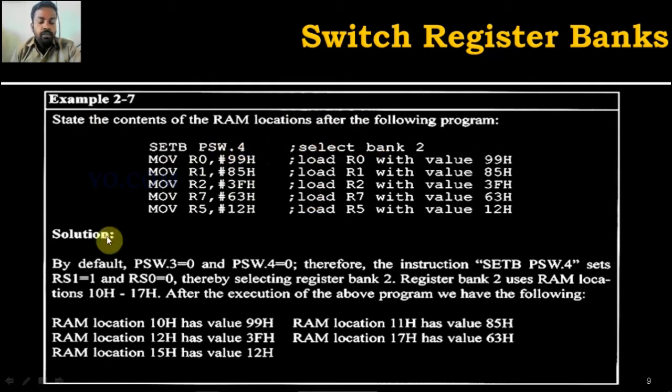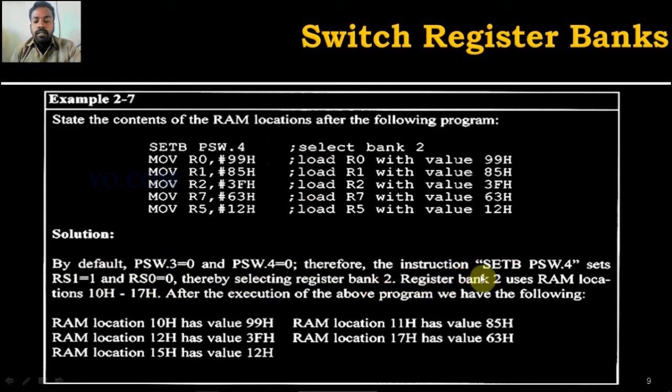Here the solution: by default PSW 3 equals 0 and PSW 0.4 equals 0. Therefore the instruction SETB PSW 0.4 sets RS1 equal to 1 and RS0 equal to 0. Therefore we select register bank 2.